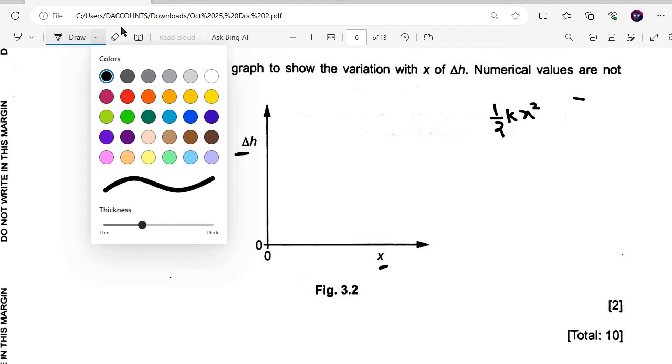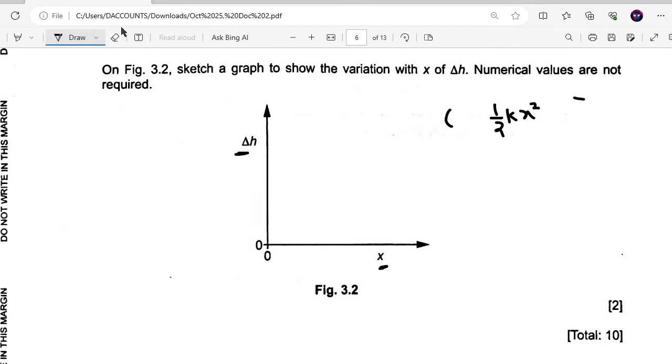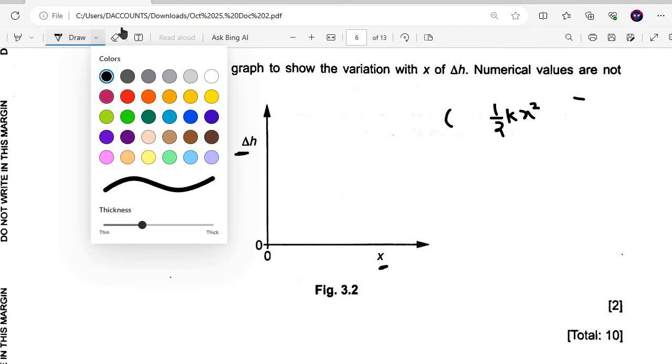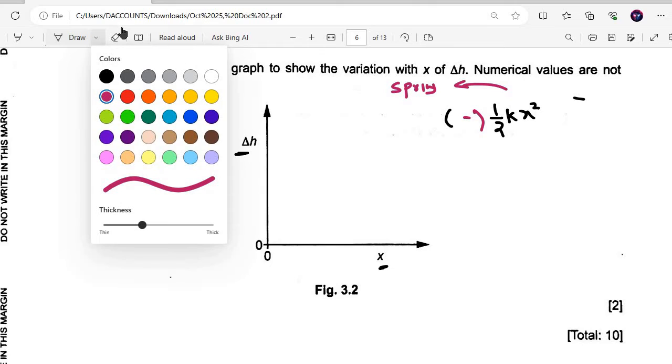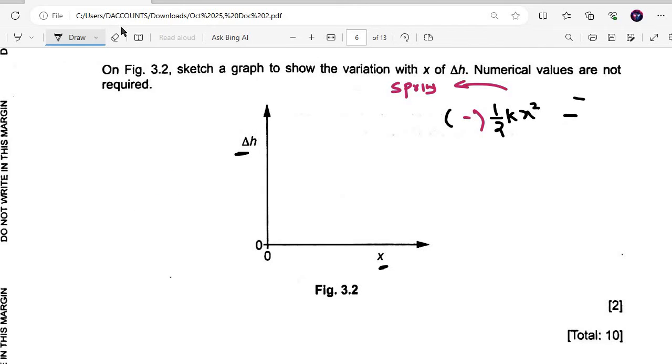Let me use another color. Negative. This is for the spring. As it is released, it is gaining height, mgh.